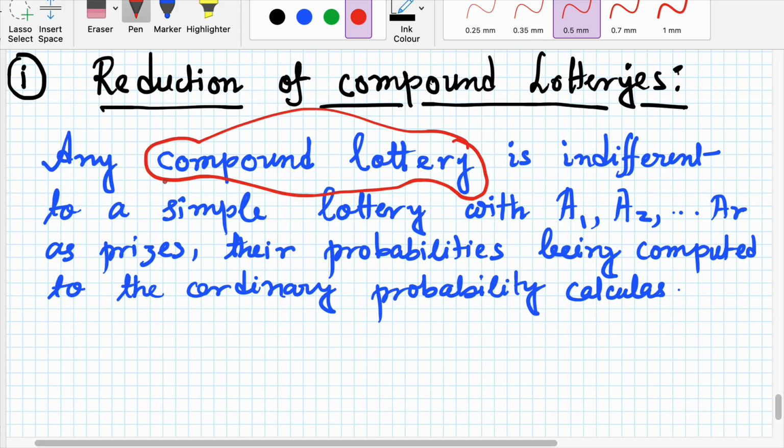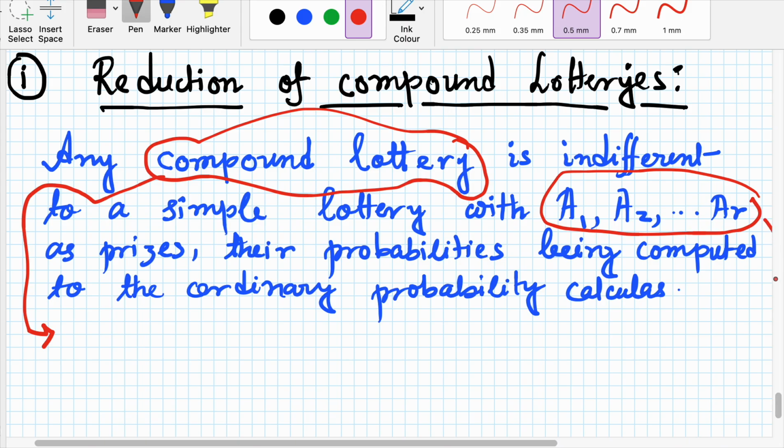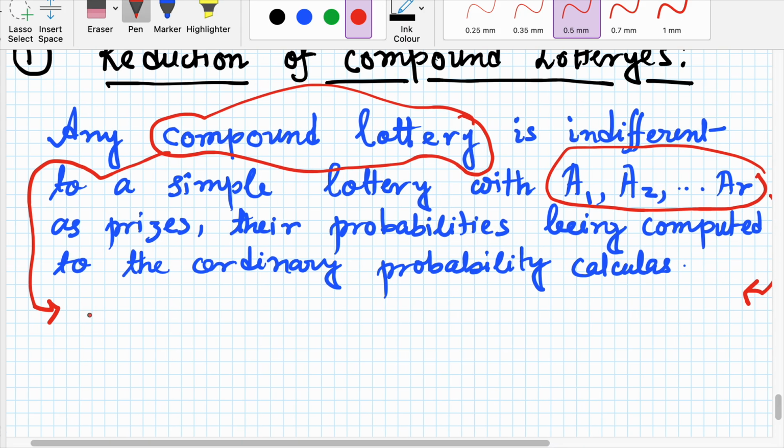Here I have to define what a compound lottery means and what these basic outcomes A1, A2 mean. Suppose L1, L2, LS are S simple lotteries.